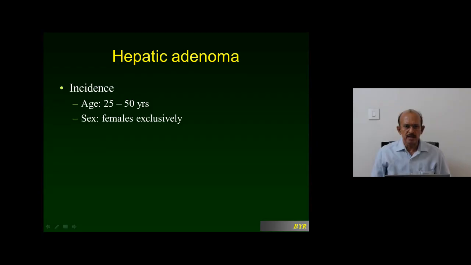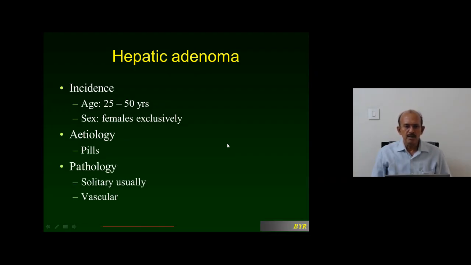Hepatic adenoma incidence: it occurs in the age of 25 to 50 years. Females are exclusively affected in this condition. Etiology, the concept of pills. Pathology, solitary usually. They are very vascular tumors.